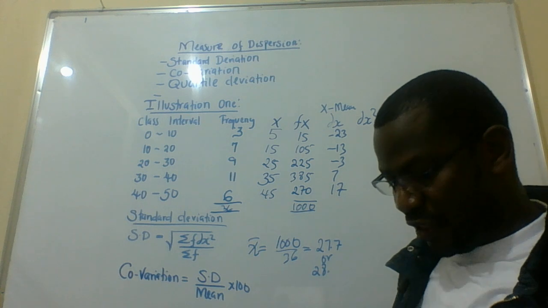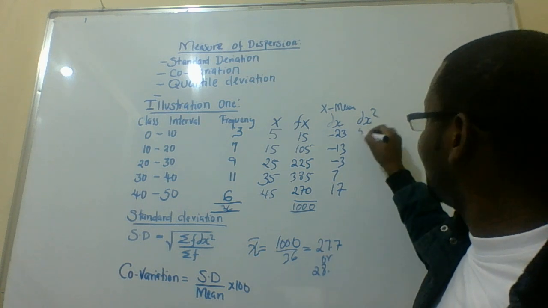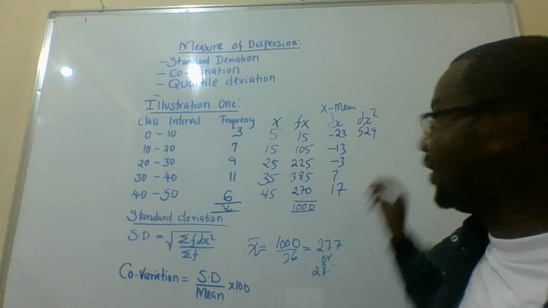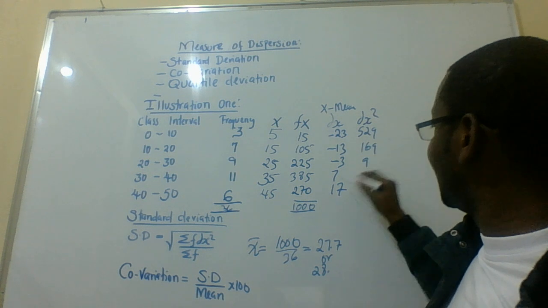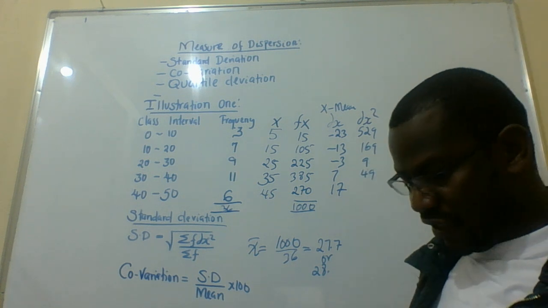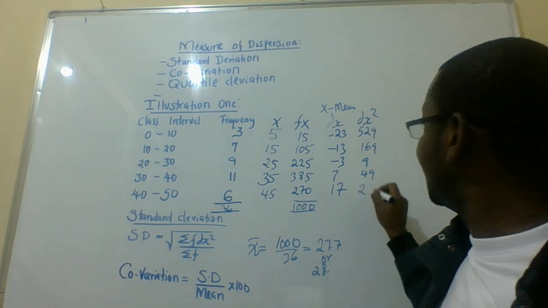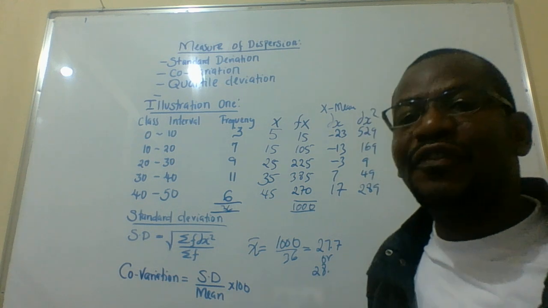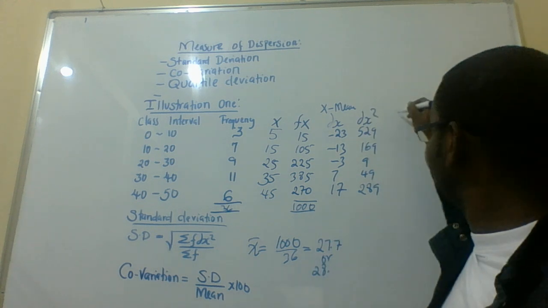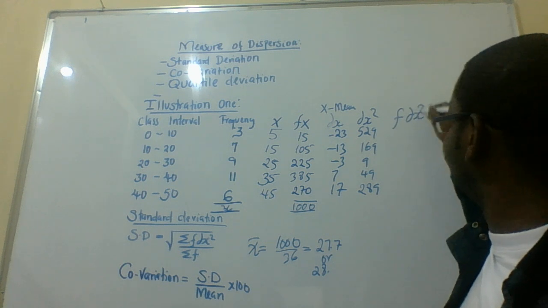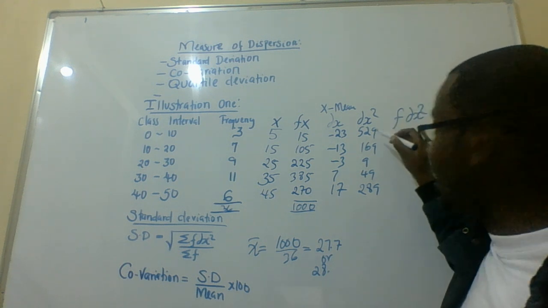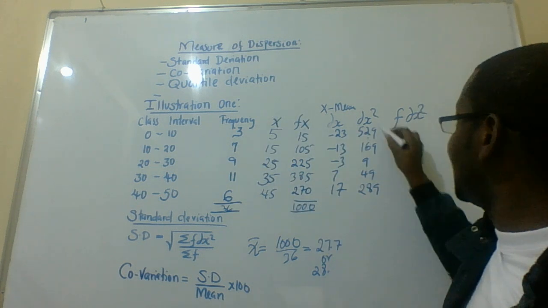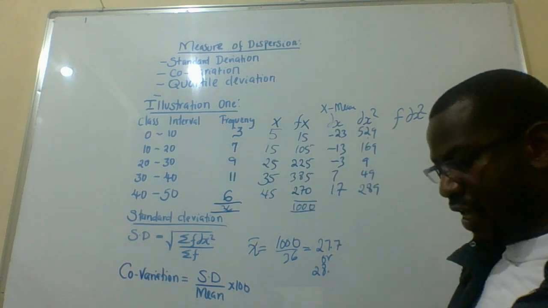Dx squared. So 23 by 23, 529. 13 by 13 is 169. This is 9. This is 49. 17 by 17 is 289. Lastly, we need to come up with f dx squared. The dx squared multiplied with f.